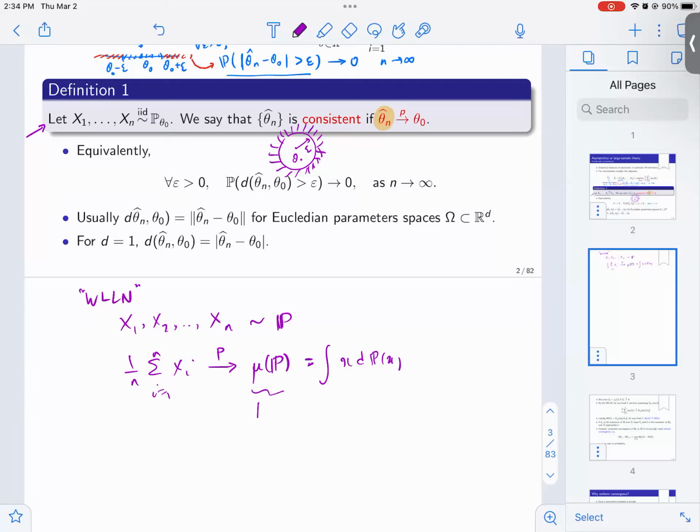This is going to be my parameter, and the sample mean is always going to be consistent for the mean. There are some small assumptions here: the distribution has to have a mean, so it has to be finite.